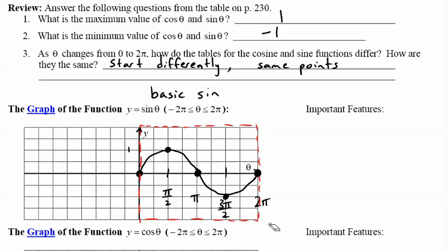So the right side there is all that you need to be able to form the whole wave. We go over to, down to, over to, up to, back to, up to, back to, down to. And it looks like a bowl, concave up, and it looks like a cave, concave down.